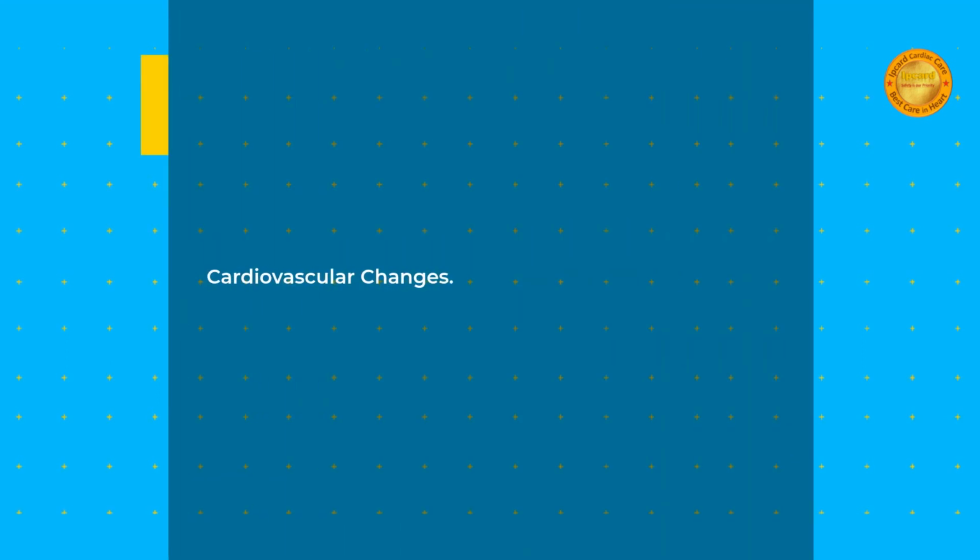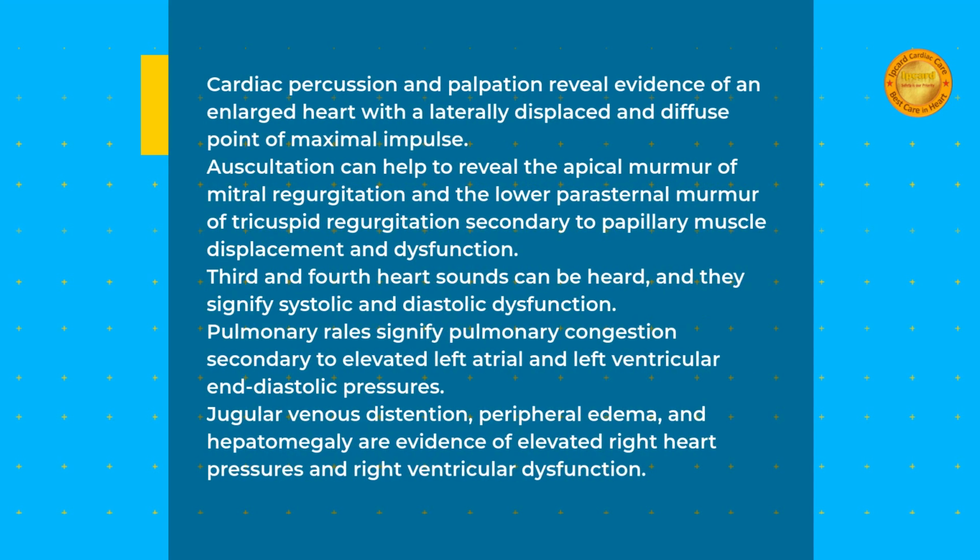Cardiovascular changes. Cardiac percussion and palpation reveal evidence of an enlarged heart with a laterally displaced and diffuse point of maximal impulse. Auscultation can help to reveal the apical murmur of mitral regurgitation and the lower parasternal murmur of tricuspid regurgitation secondary to papillary muscle displacement and dysfunction.